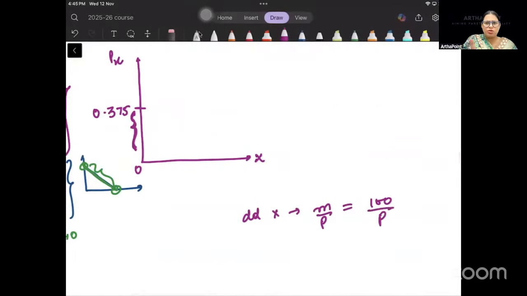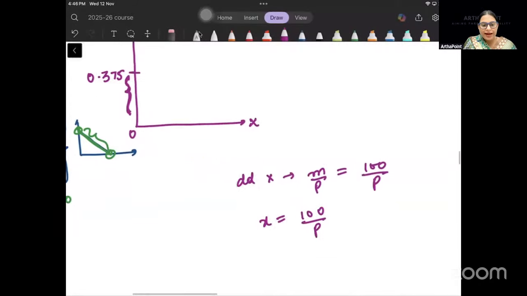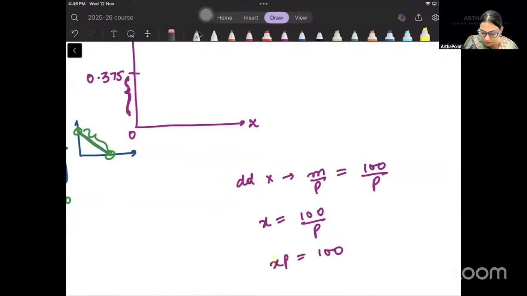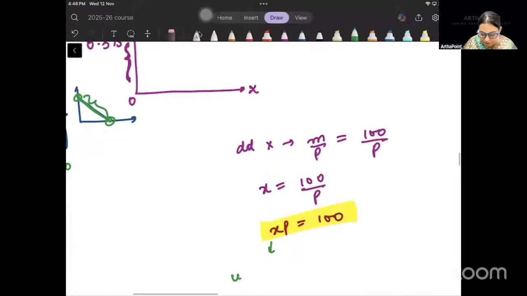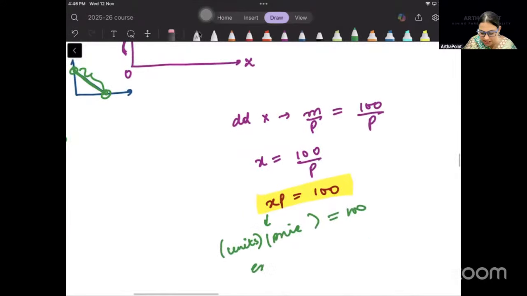Listen very carefully, this is a very important concept. So x will become 100 by p. That means x into p will become 100, which means units of x into price of x will be 100, which means expenditure on good x will be 100.